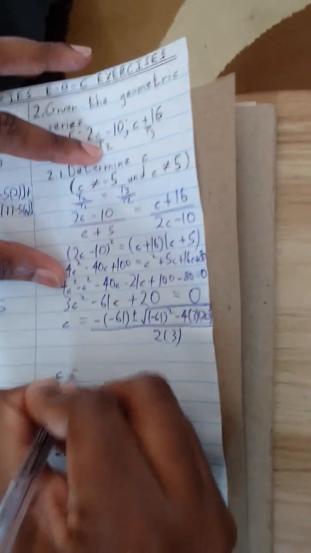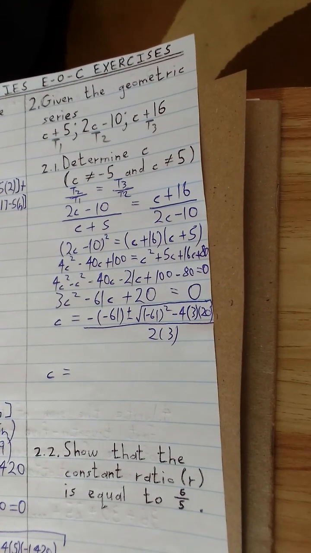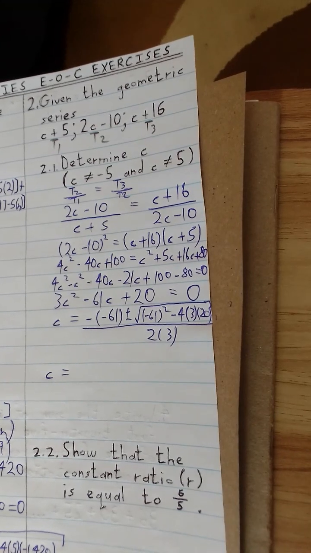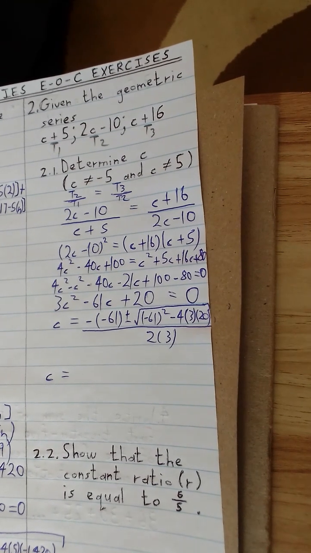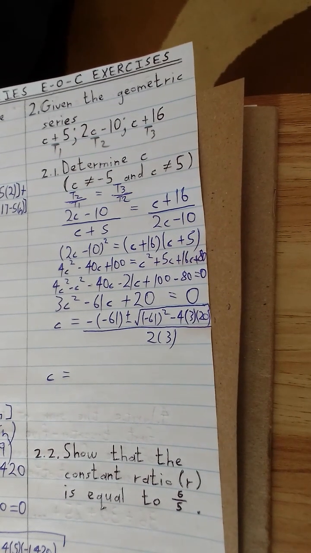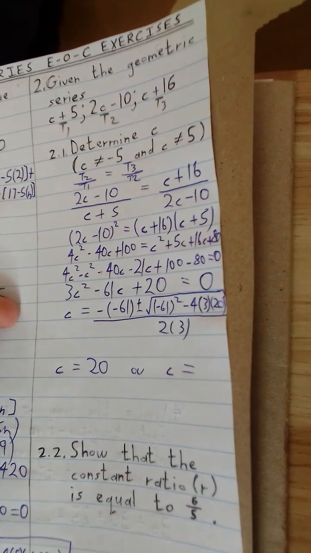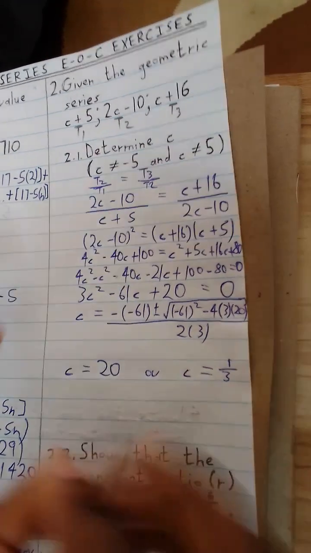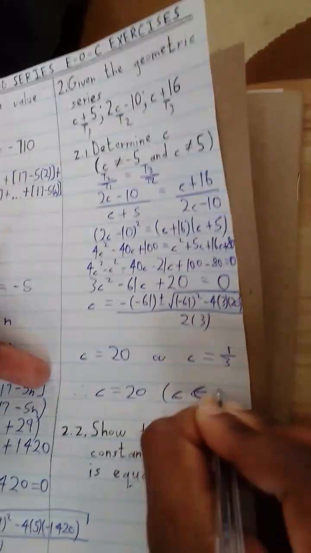So c is 20 or c is 1 over 3. But the final answer is going to be c is 20 because we were given that c is an element of integers.